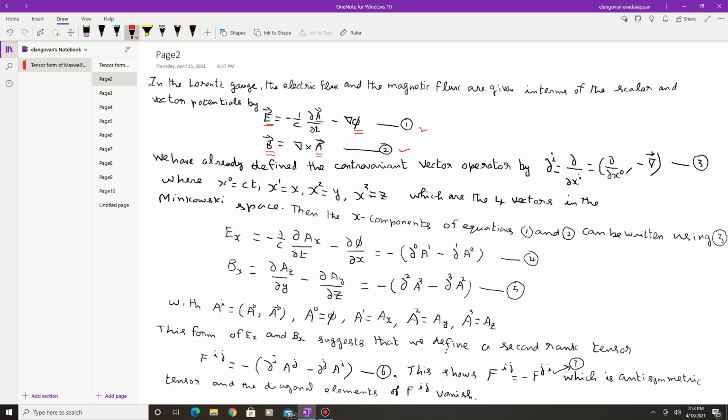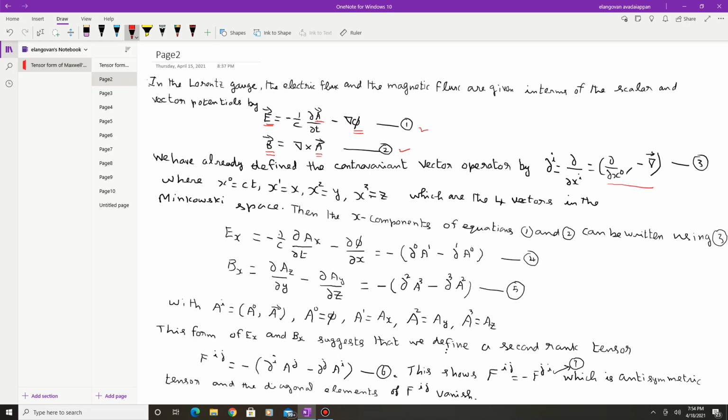Now in our previous lecture, we defined a contravariant vector operator, partial d superscript i equal to partial d by dx_i, given by the 4-vector form. First I put i equal to 0, d by dx0, and the remaining three are minus the del operator.